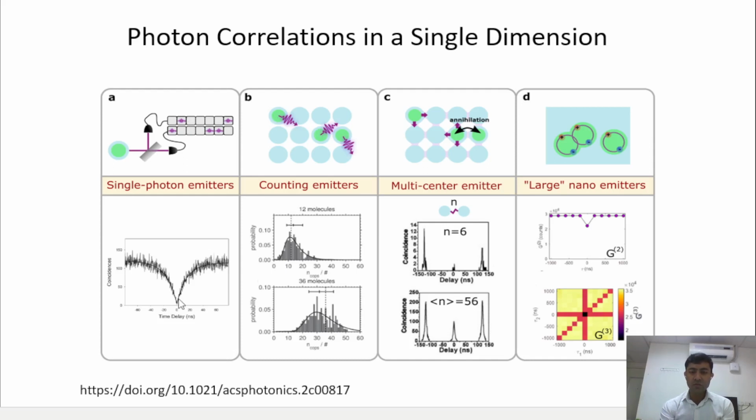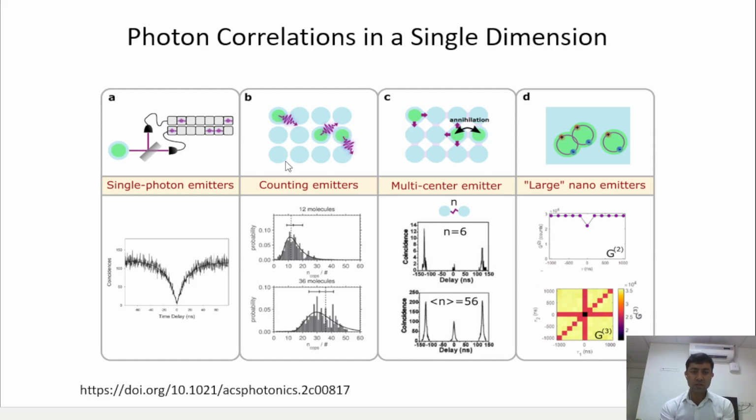If only one photon is emitted at a time, simultaneous detection will not occur, and the detector outputs have no correlations, as we can see here. It means no photon pairs, so no coincidence.